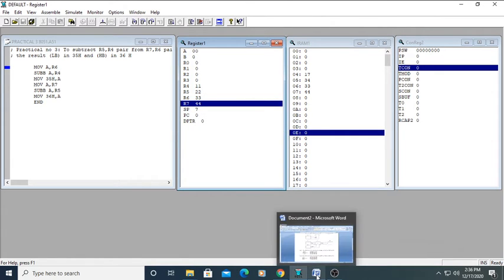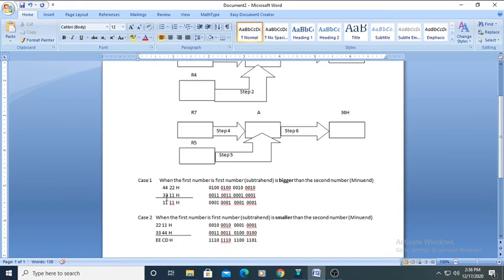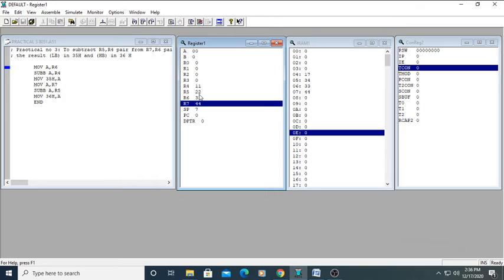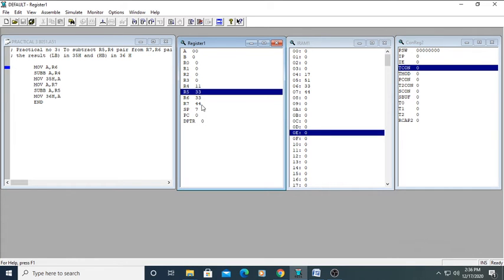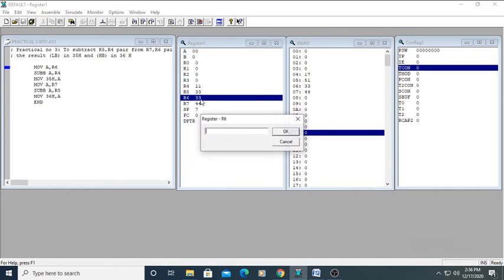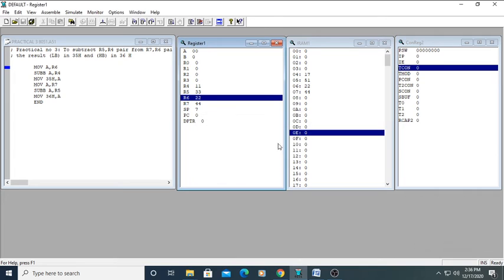Am I correct with the data? No, 3311, sorry. So it should be 33 ice, 11, then here is 22 ice, 11. So this is the data from 42, 22.